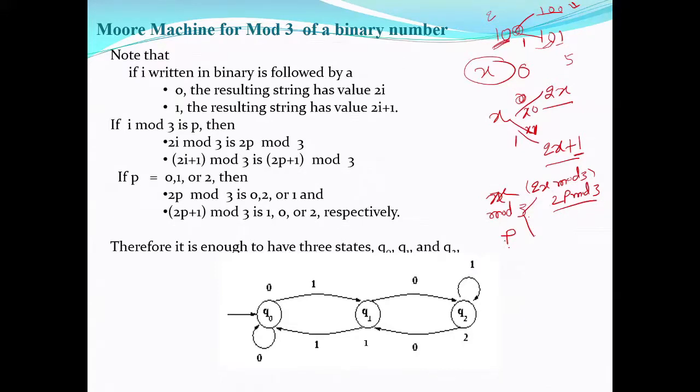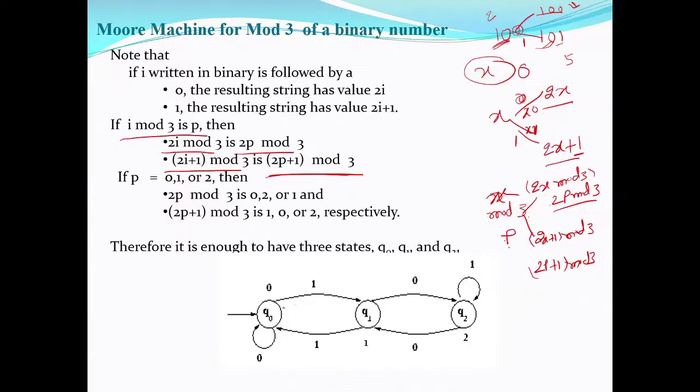Similarly, if x mod 3 is p, then 2x plus 1 mod 3 will be 2p plus 1 mod 3. If the number i mod 3 is p, then 2i mod 3 will be 2p mod 3, and 2i plus 1 mod 3 will be 2p plus 1 mod 3. Based on this the Mealy machine is designed.